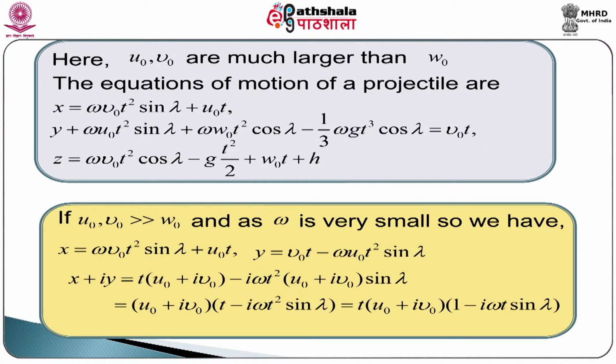Therefore, we have x plus iy equal to t into u0 plus i into v0 minus i into omega t square into u0 plus i v0 into sin lambda, equal to u0 plus i v0 into t minus i omega t square sin lambda, equal to t into u0 plus i v0 into 1 minus i omega t sin lambda.